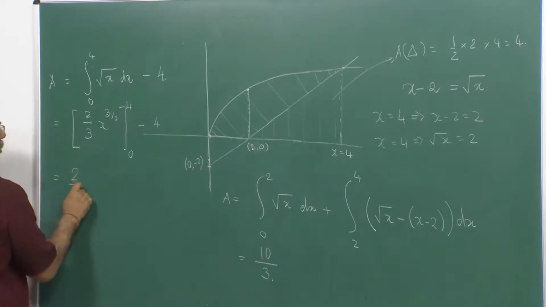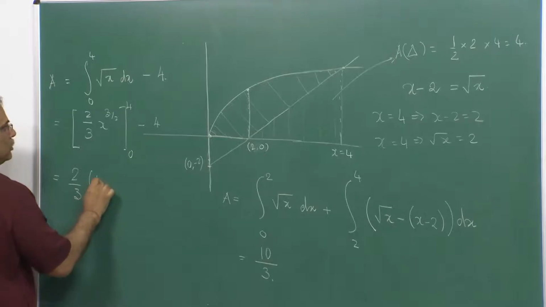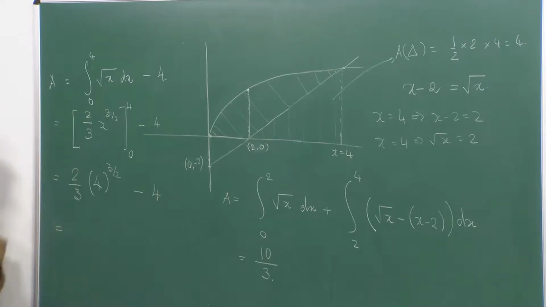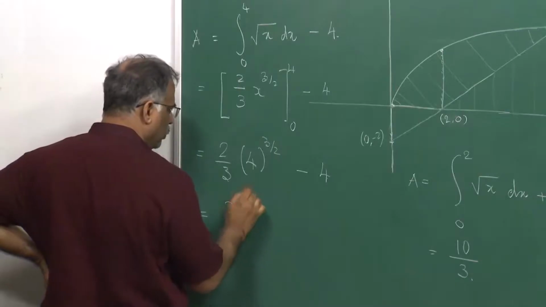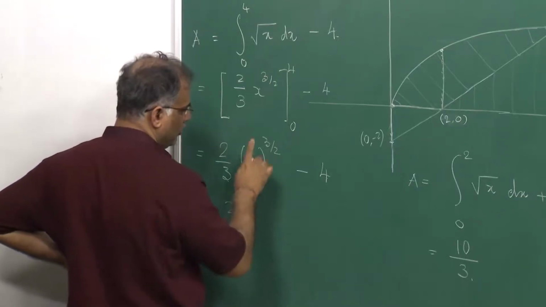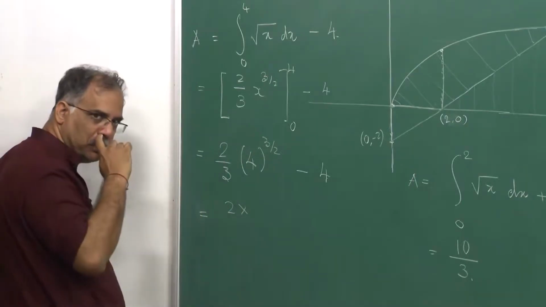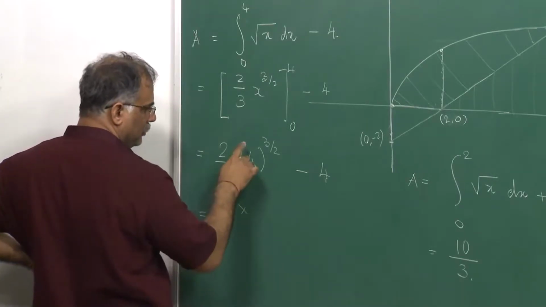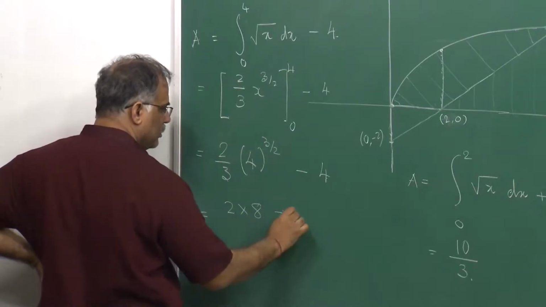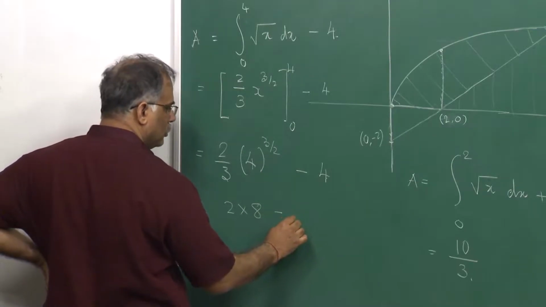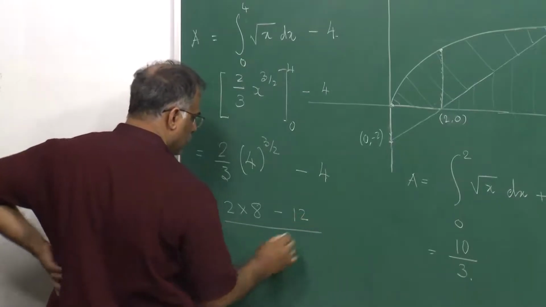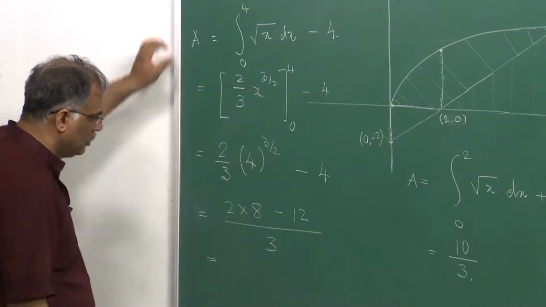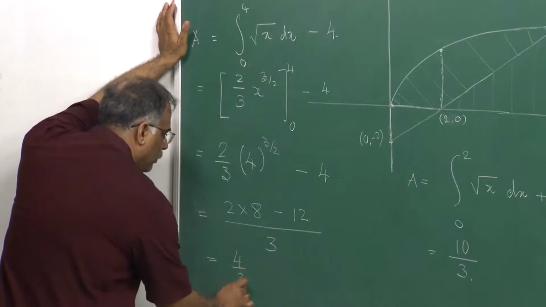So 2/3 into 4 to the power 3/2 minus 4. 4 to the power half is 2, 2 cube is 8, minus 3 into 4, 12 by 3. So the answer comes out to be 4/3.